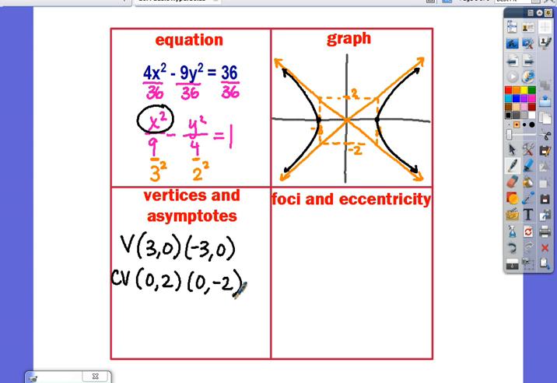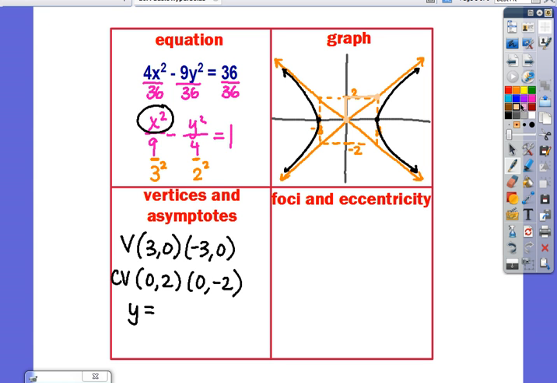And our asymptotes are lines, right? So it's going to be like y equals mx plus b. And the slope of our lines, let's talk about that. The slope of our lines is going to go up 2 over 3, because that's how we got to the corner of our box. So up 2 over 3 is our slope, and our y-intercept is at 0.